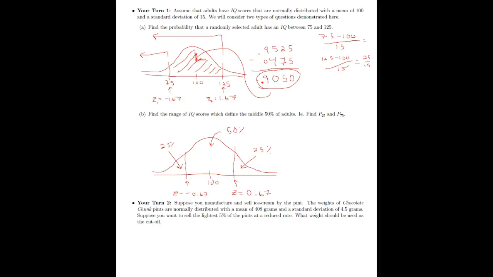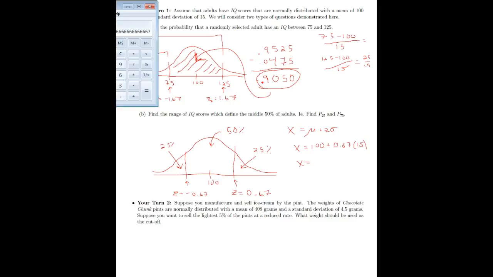All right, and now we want to find the actual IQ scores, not just the z-scores. So we can use our formula x equals mu plus z times sigma in order to find out the IQ scores. So x is going to equal 100 plus 0.67 times 15. So take a calculator out and figure that out.